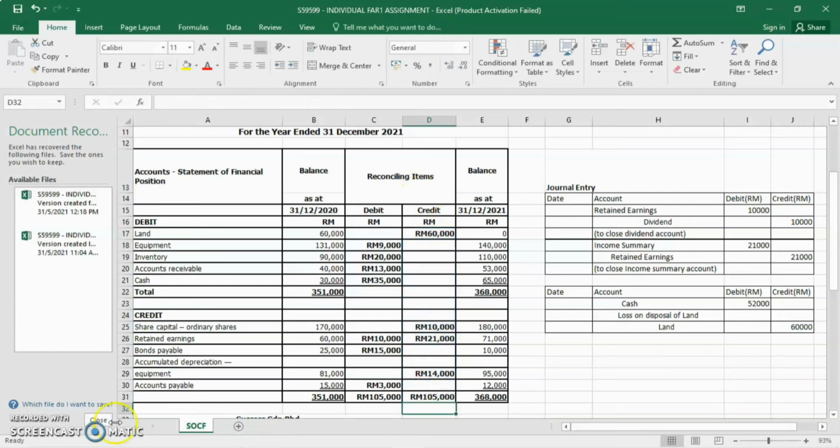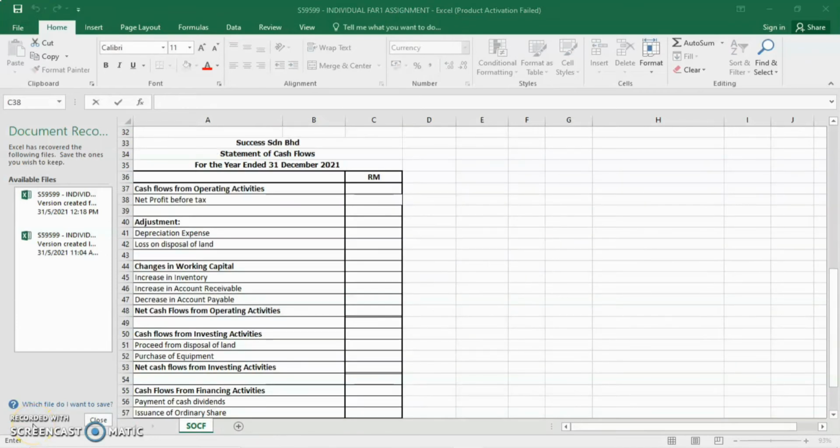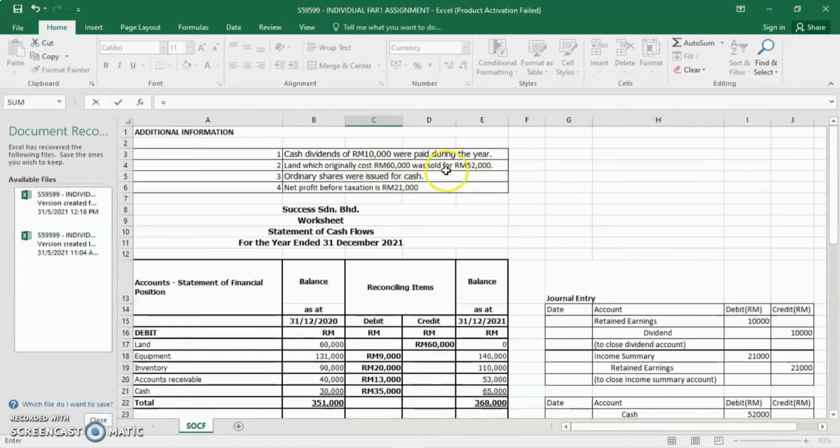To prepare statement of cash flow, it has three main activities, which are operating activity, financing activity, and investing activity. Cash flow from operating activity, net profit before tax we can get from additional information 21,000 and also from this.